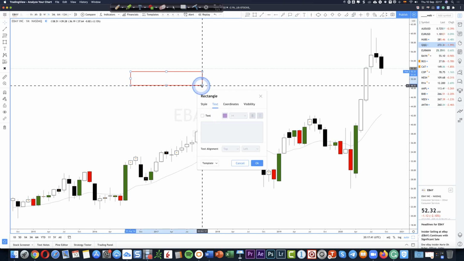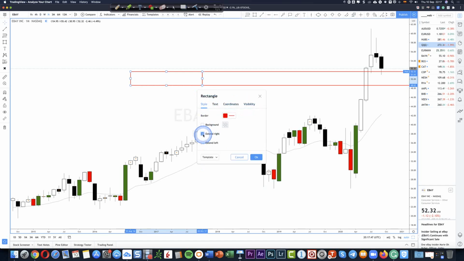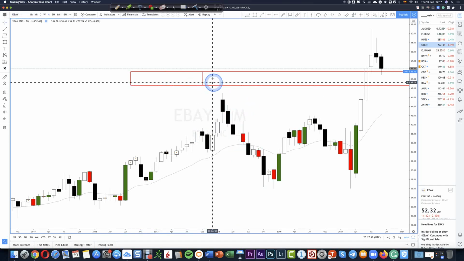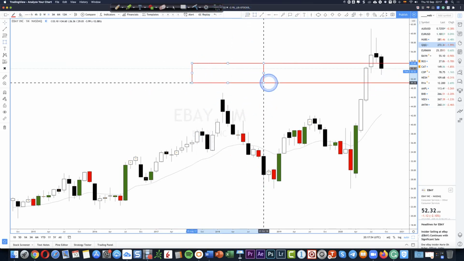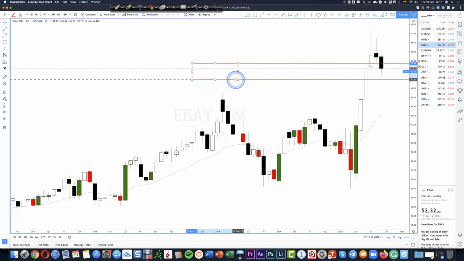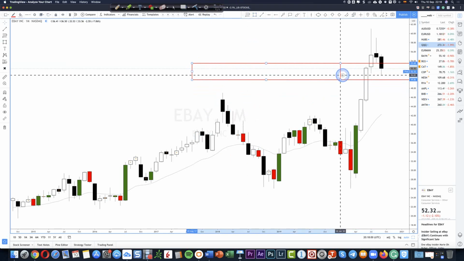But you click here and where was it? Style, extend right, and now you can extend rectangles as much as you want. Okay, it's extended, you see, but it leaves the right side of the rectangle over there. I don't like that. I don't know why they did it like that. I just wanted to tell you.